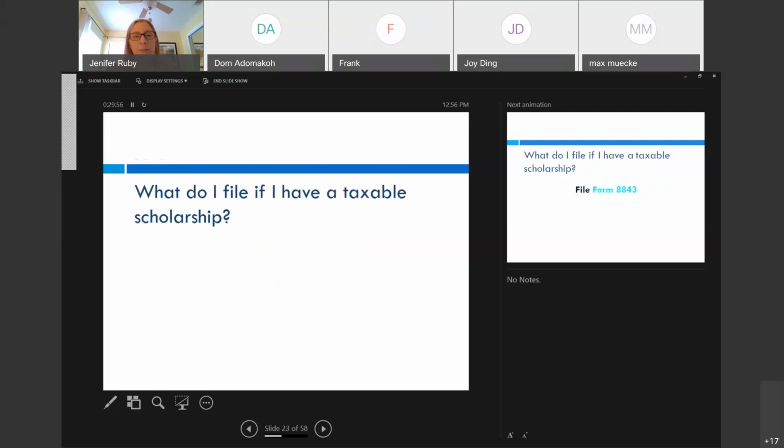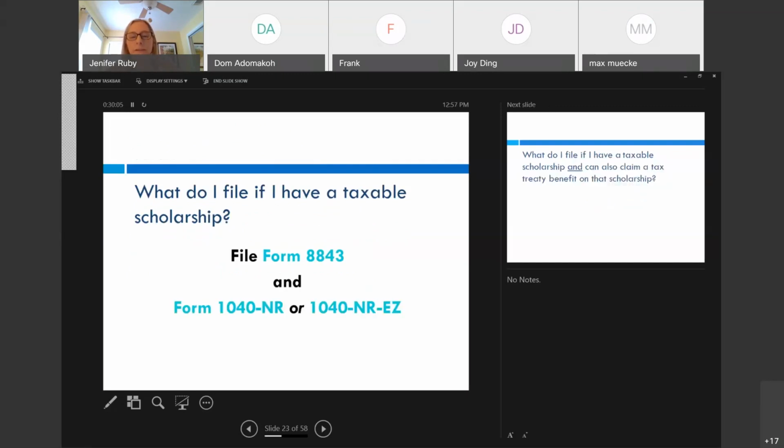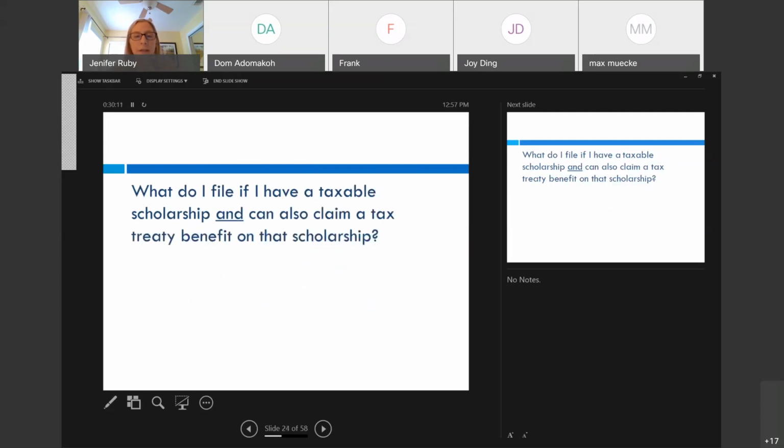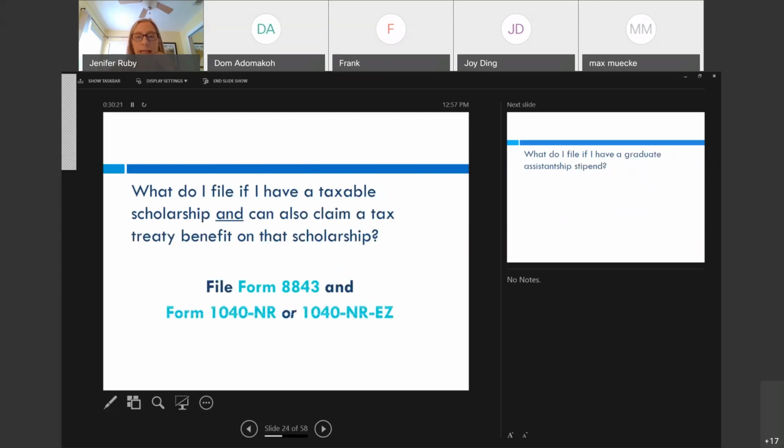Now, if it's a taxable scholarship, you're going to still fill out the form 8843, but then you would also fill out either the form 1040NR or the 1040NR-EZ. If you have a taxable scholarship and you're also claiming a tax treaty benefit on that scholarship, it's going to be the same, the 8843 and the 1040NR or NR-EZ.